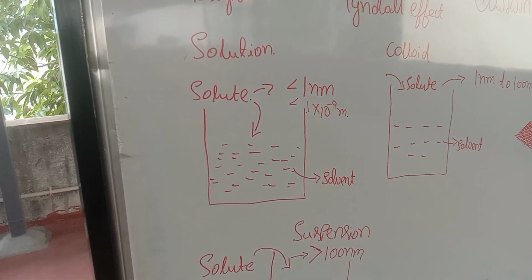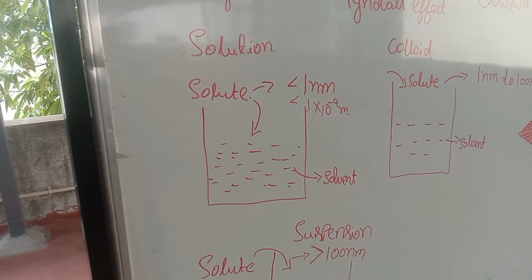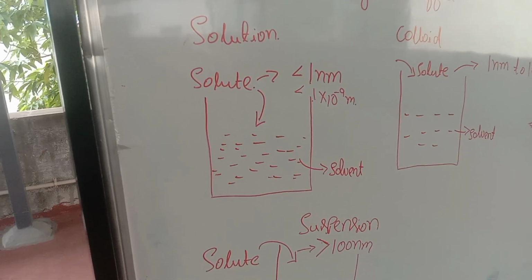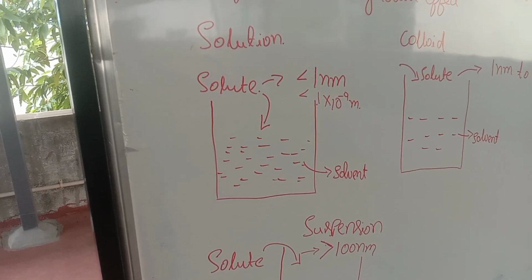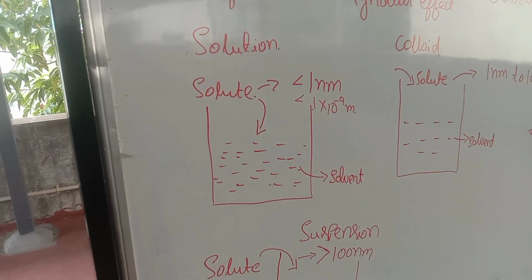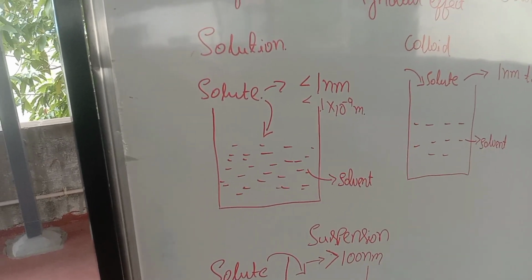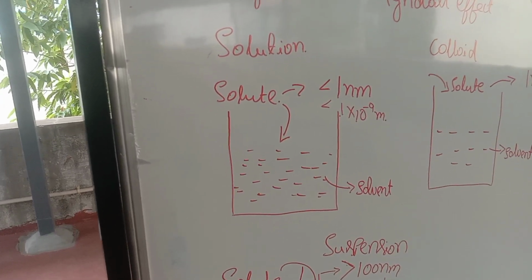Okay, now when we add the salt and stir it properly, the salt will dissolve completely within a short span of time. Solute will dissolve completely within a short span of time and it will not settle down. This is called as homogeneous mixture or homogeneous solution.